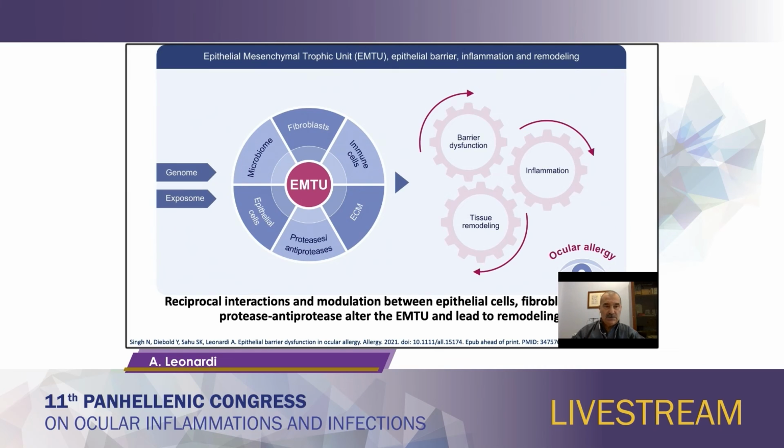So in conclusion, what can be called the epithelial-mesenchymal trophic unit, which regulates the epithelial barrier, inflammation and remodeling, induces a kind of vicious circle on the ocular surface, modifying the barrier function into a barrier dysfunction, increasing inflammation, and inducing tissue remodeling.